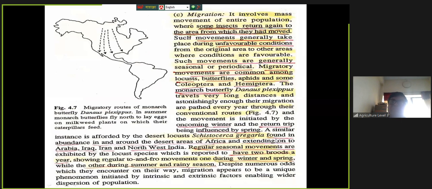This migration is influenced by some intrinsic factors, internal within the population, and extrinsic factors, outside the population. These enable the insects for wide dispersion. So migration helps the insects to disperse. So this is all about migration.